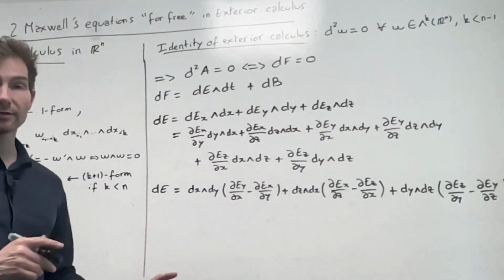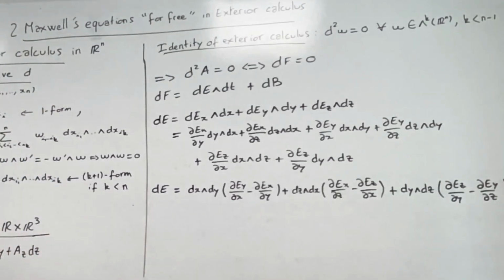Right, so now let's have a look at B. Okay, so B is like so. Here I need to be a bit careful, because you've got only a two form, so there is only one spatial coordinate that can work.